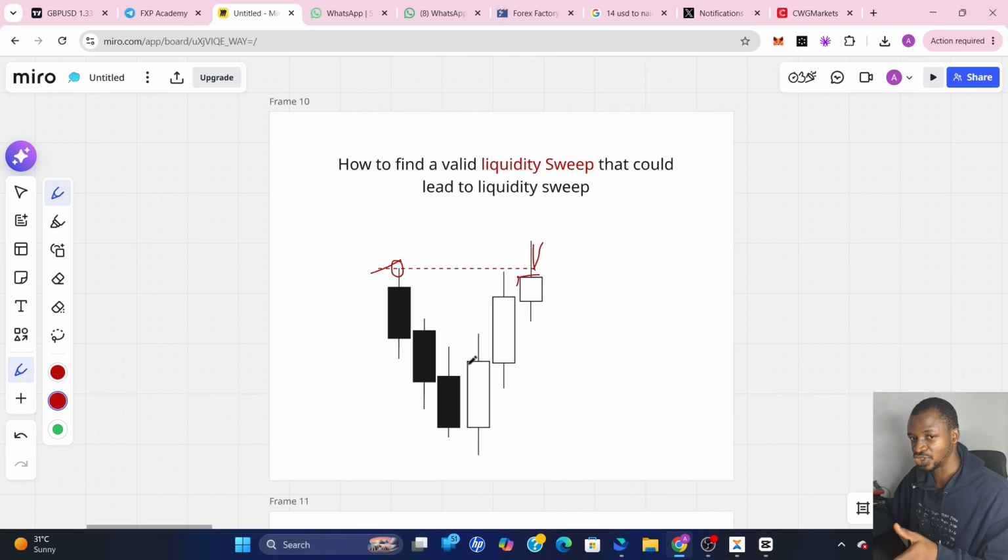First of all, ask your question. There's a liquidity sweep, right? Does the candle that caused the liquidity sweep close within the range? If it closes within the range, then it means it is a valid one.